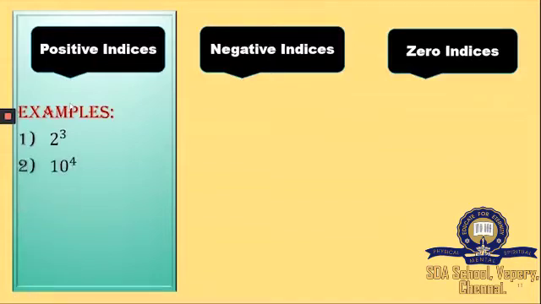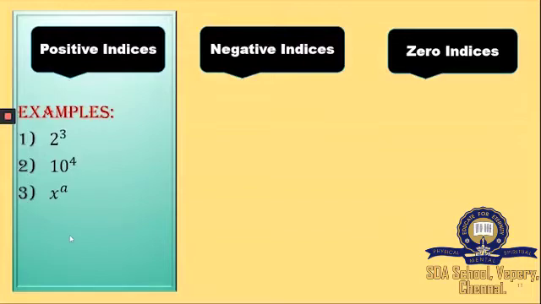Likewise, in 10 power 4, the power 4 is a positive index. Likewise, in x power a, a is a positive number. So all these are examples of positive indices.